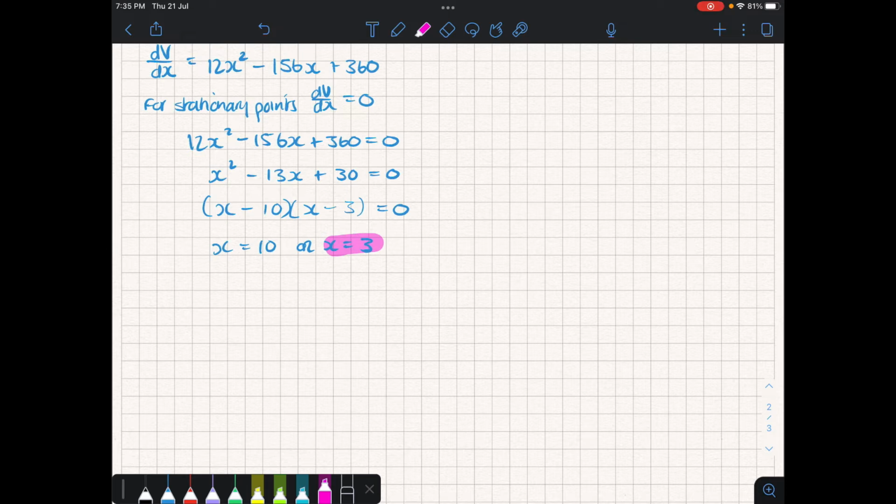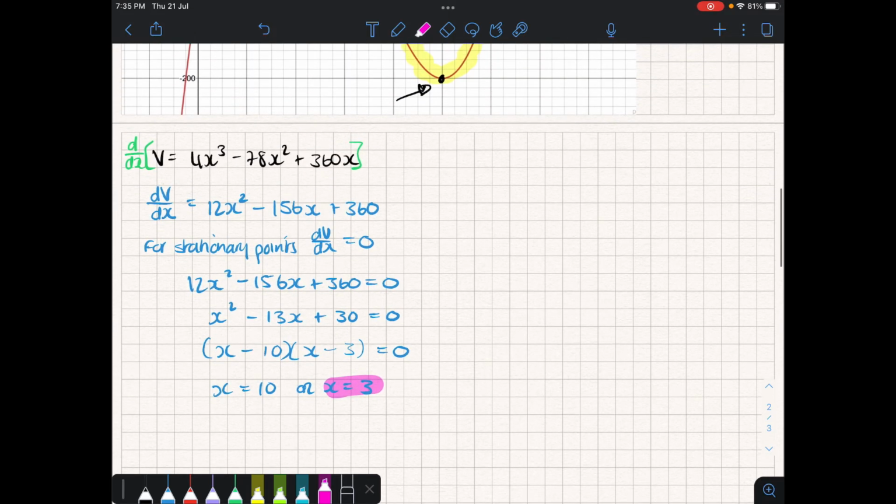So we have our solution, x equal to 3, and they asked us to calculate the stationary volume. So we can't put 3 back into the gradient equation. That's not going to work. We need to put 3 back into the original equation because that gives us volume. So we want volume when x is equal to 3, we'll just go 4 times 3 cubed minus 78 times 3 squared plus 360 times 3.